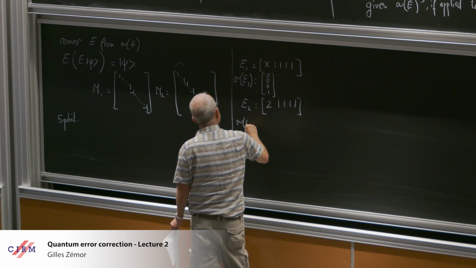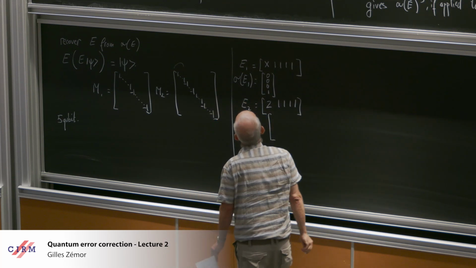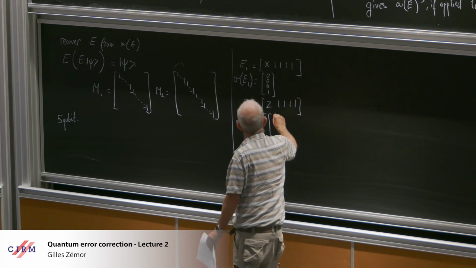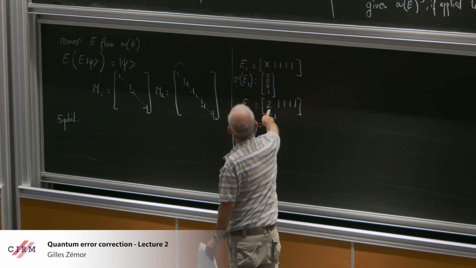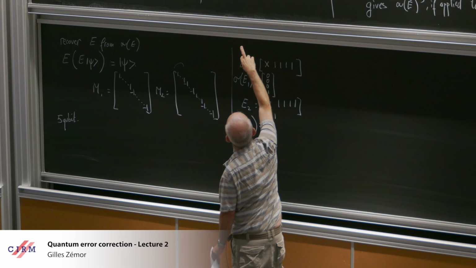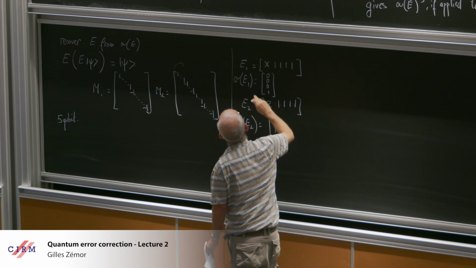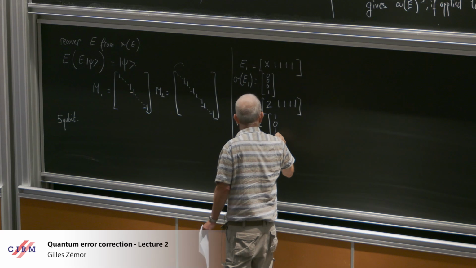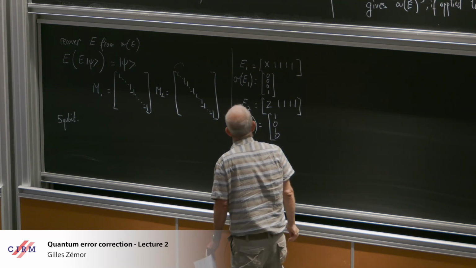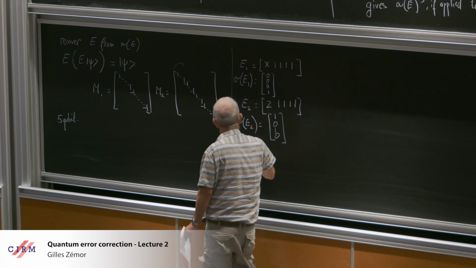We can do E2 equals Z, 1, 1, 1, 1. This time, the syndrome of E2 will be equal to 1 because Z here anti-commutes with the first X in the first row. Then there's an identity, 0. Then the 1 because there's an X again, and 0 because Z commutes with Z. Let me do the last one.